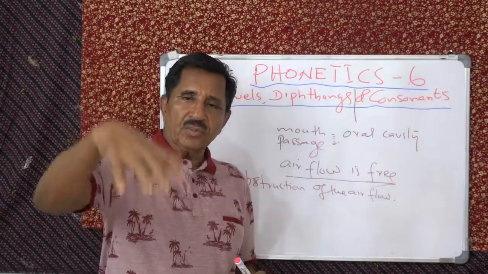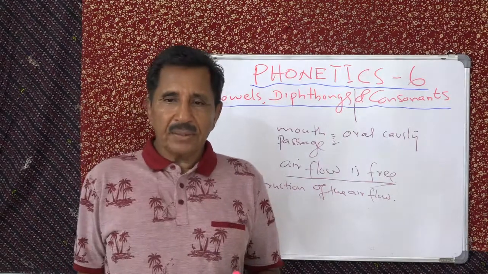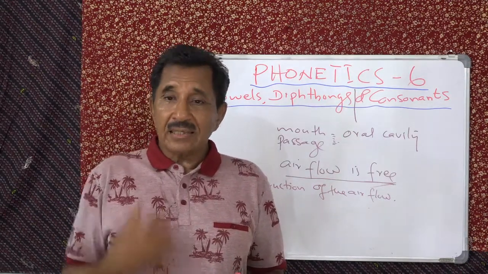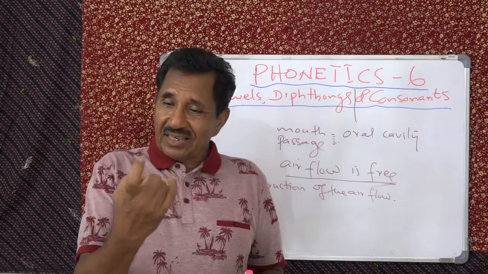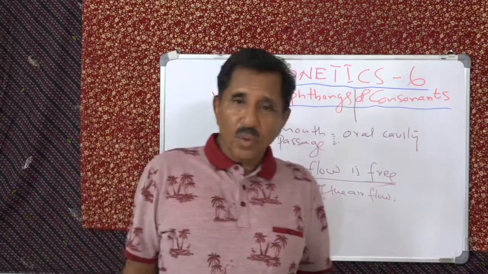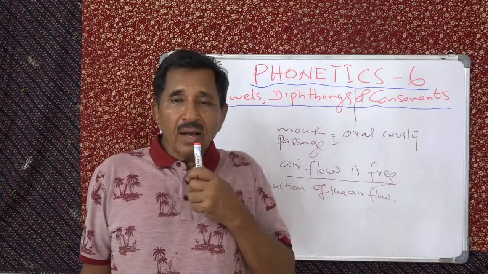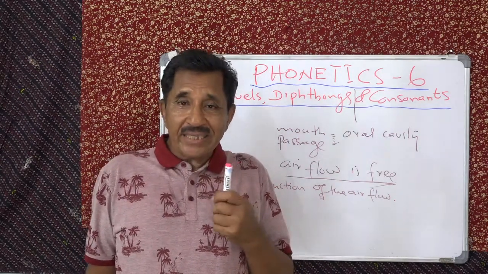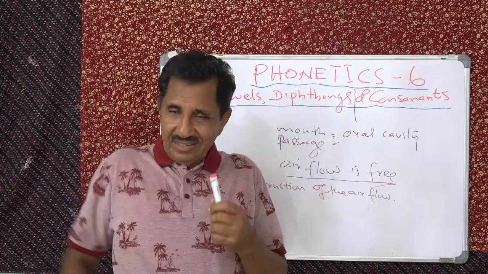Sometimes it is very clear. L, again tongue, tip of the tongue curled like this, and the air passes. W, lips, tongue, ya. See, the back of the tongue you can see this.